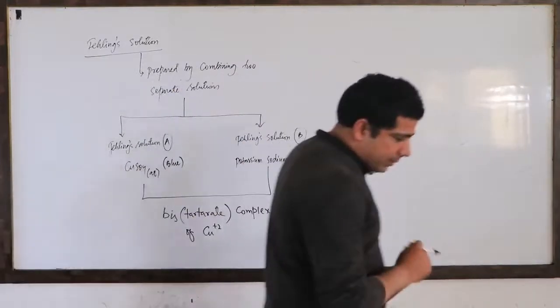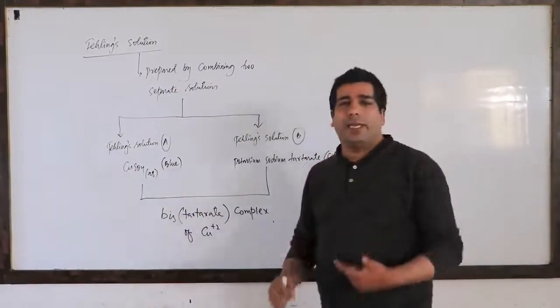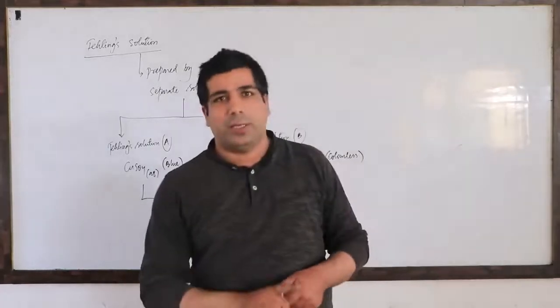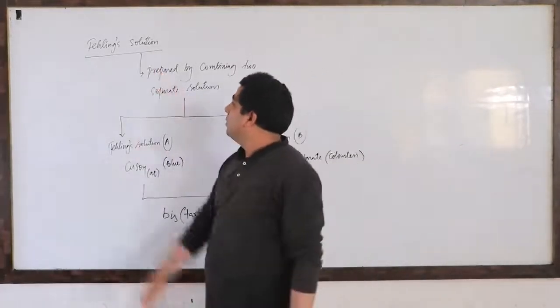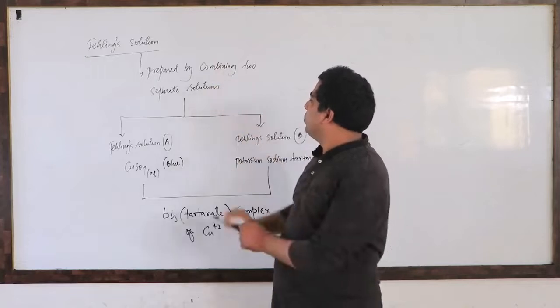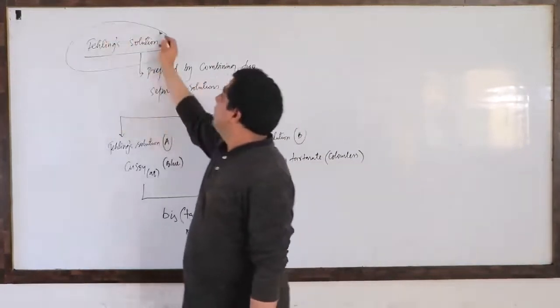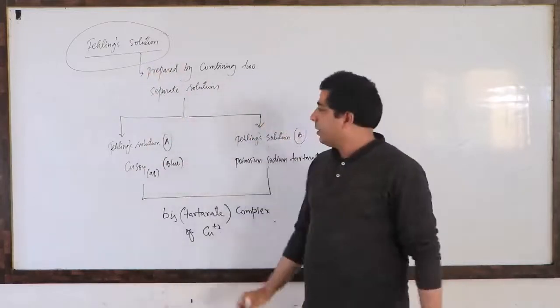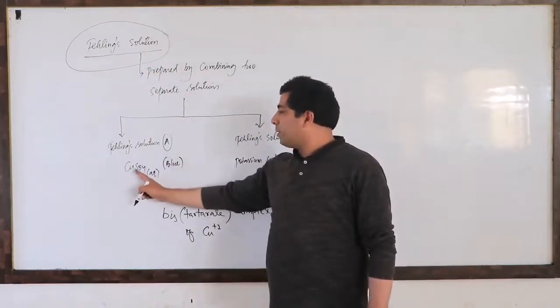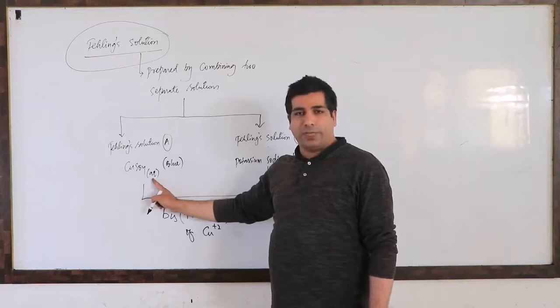So my dear friends, let's have some idea about the Fehling's solution as well. Fehling's solution is prepared by combining two separate solutions. The first one you need is copper sulfate solution.